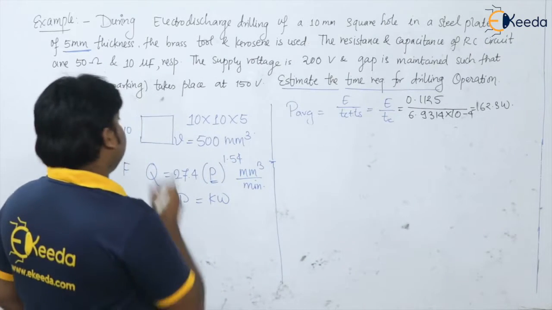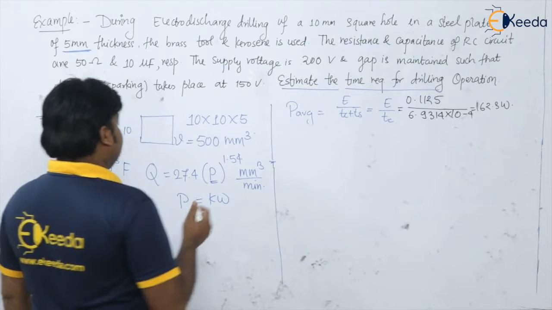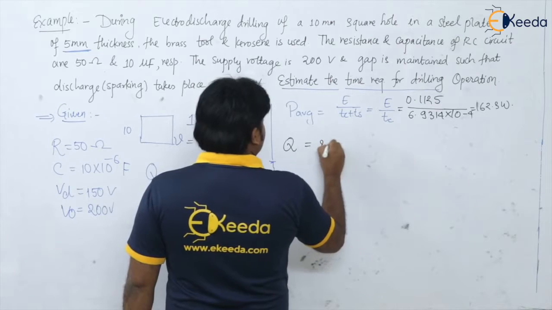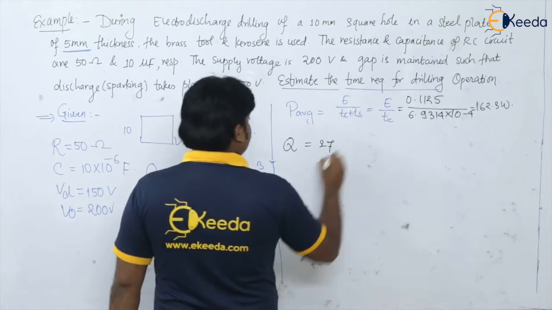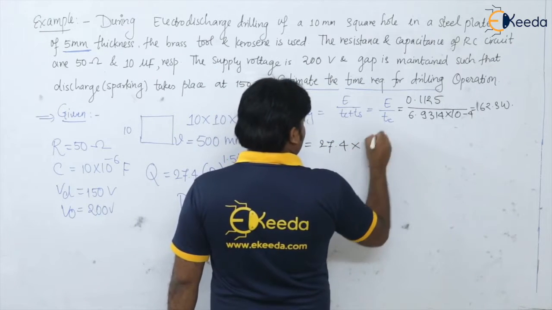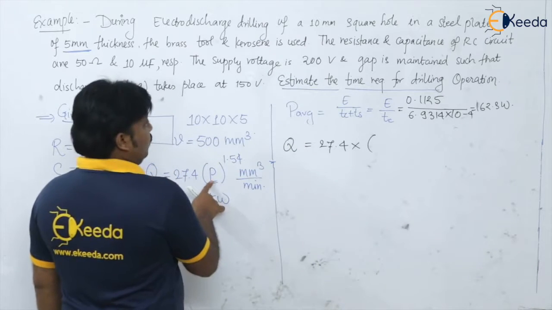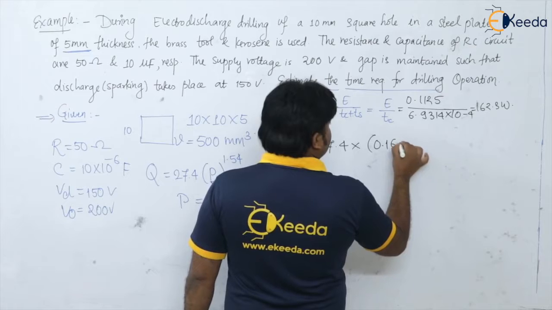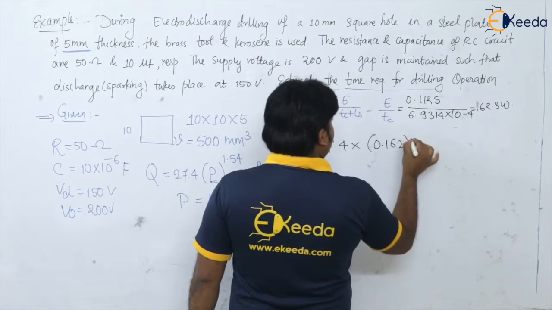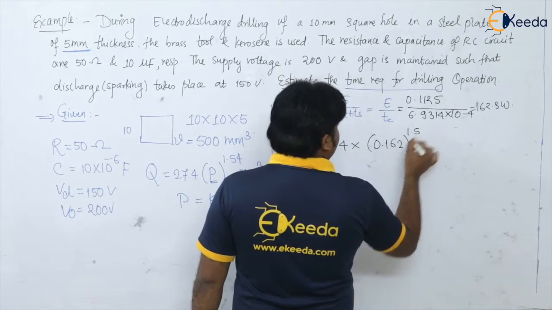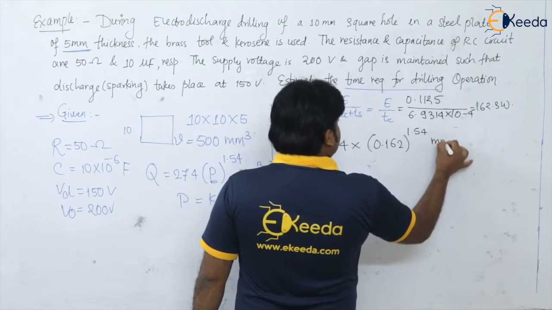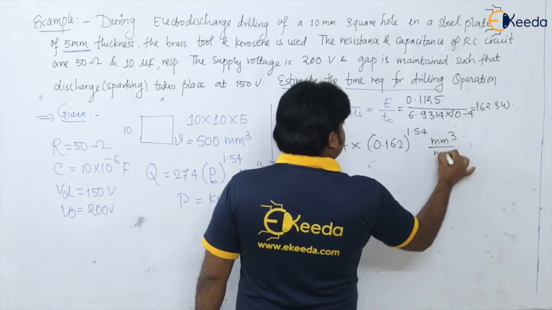Now once you get the value of P, find out this material removal rate. Q is equal to 27.4 into power in what? Power in kilowatts. So it is 162.3 watt, so 0.162 kilowatt raised to the power 1.54. It will be in mm cube per minute.